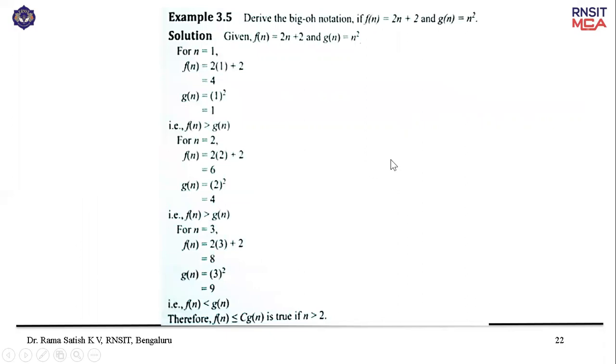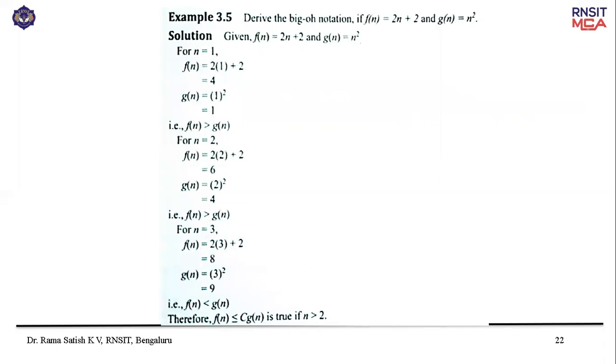The second example, of course, I have taken from the textbook. Derive big O notation if f of n is equal to 2n plus 2 and g of n is equal to n square. And of course, you have to write it in the same fashion. So f of n is 2n plus 2 and g of n is n square.